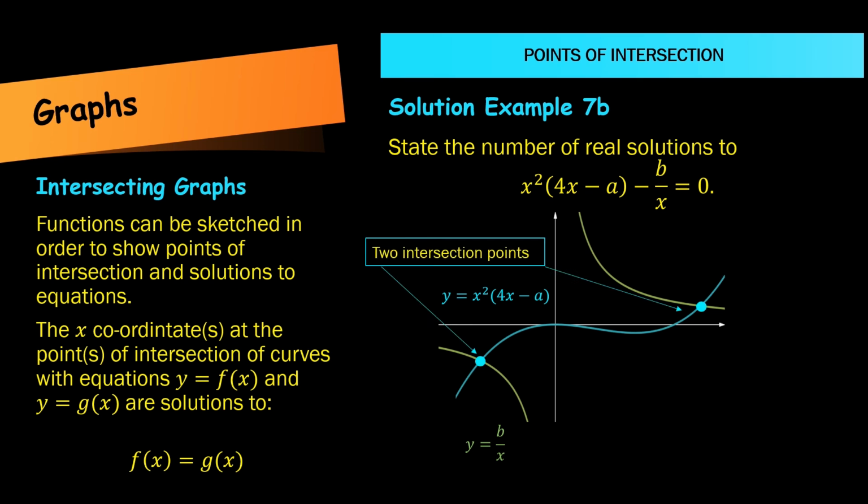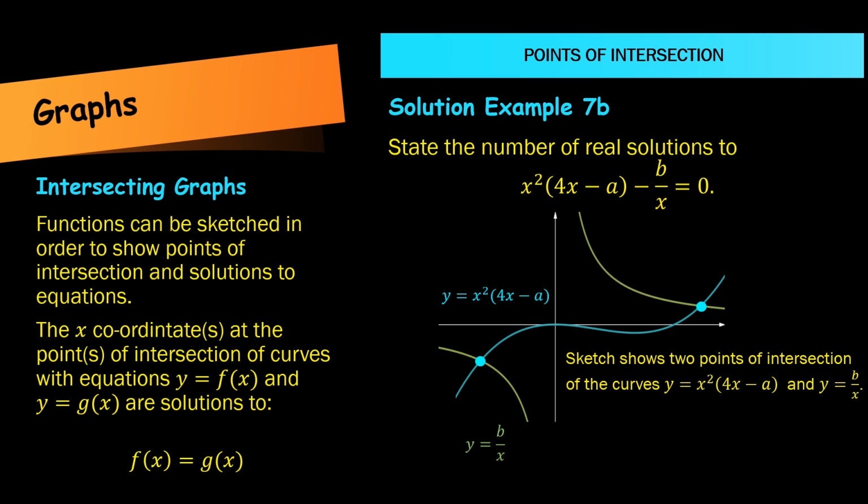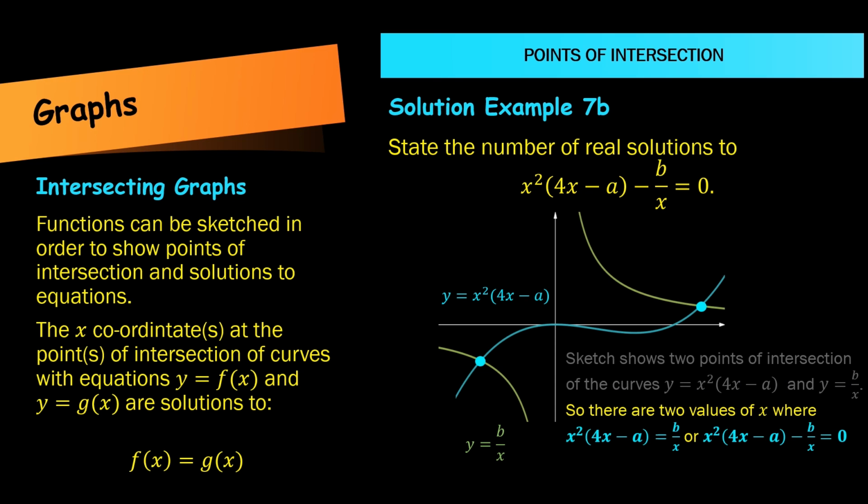Notice there are two intersection points here. So the sketch shows 2 points of intersection of these two curves. And therefore there are two real roots.